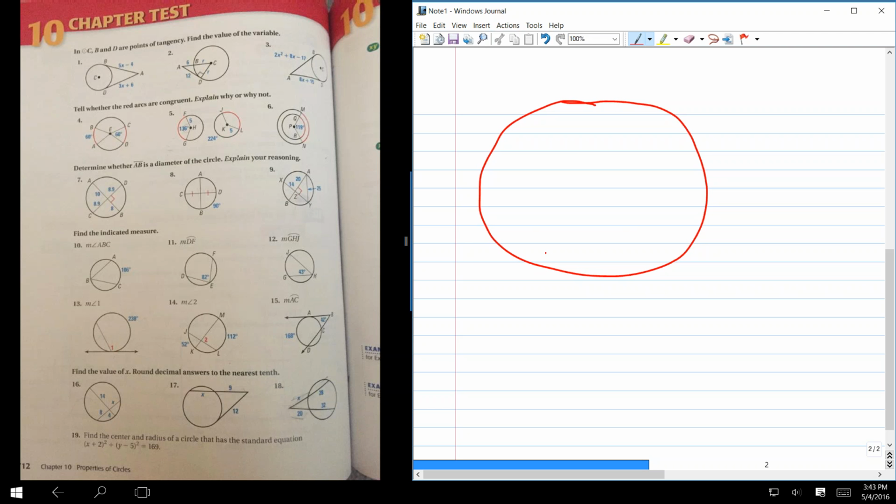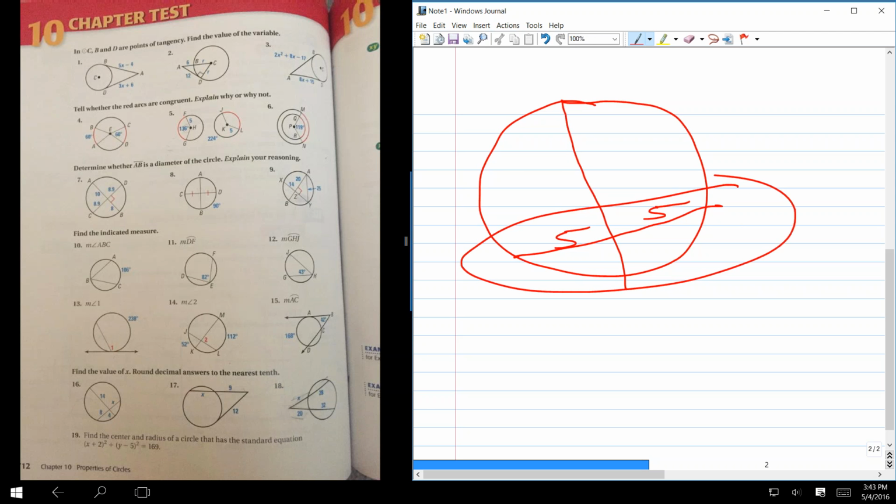And what I was going to draw was a chord like that that was bisected by this, and make that say 5 and make that say 5, and then clearly that is not a diameter and yet still bisected. But you're right, they're asking about AB, and the fact that AB is bisected by that makes it a diameter. How about number 8?